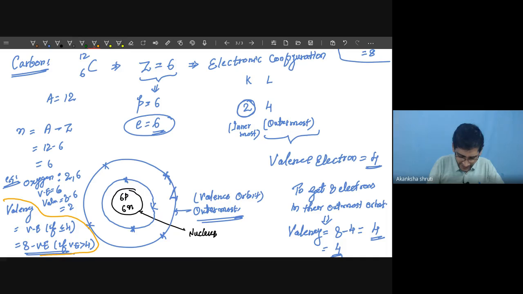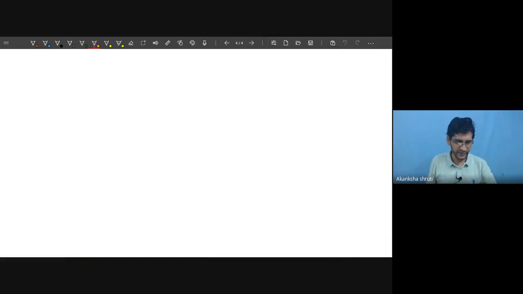Here we get that the valency calculated by subtracting the valence electron from 8 is 4, or by applying the definition that valency itself equals the valence electron, that is also 4. So in this way we can conclude that the valency of carbon is always 4. So let us write.